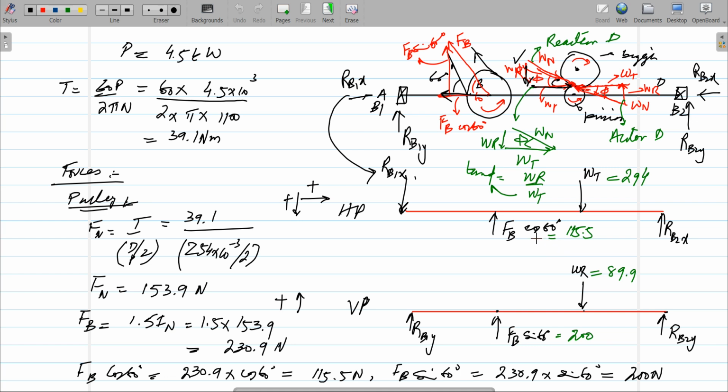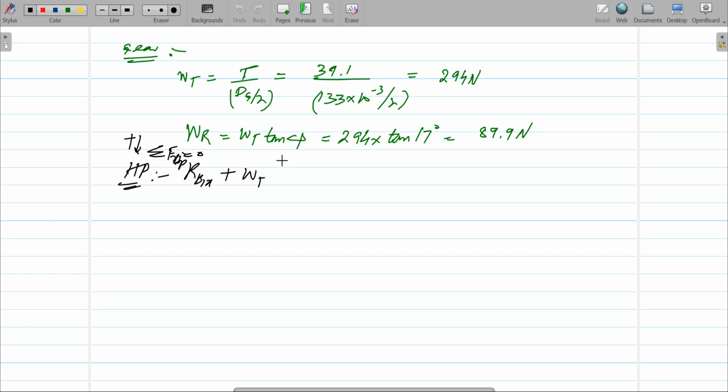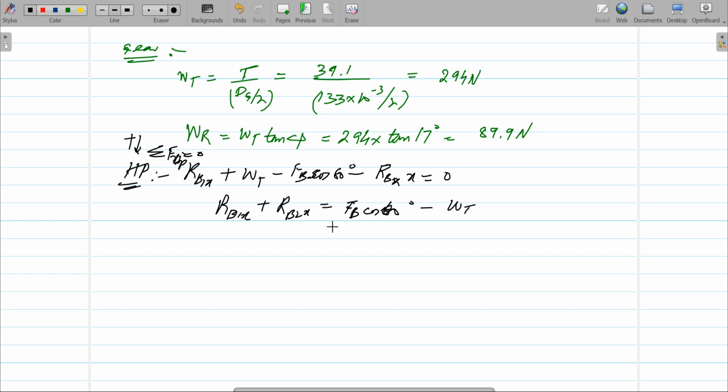We have FB cos theta plus RB2x minus FB cos 60 degree minus RB2x equals 0. So RB1x plus RB2x equals FB cos 60 degree minus WT.